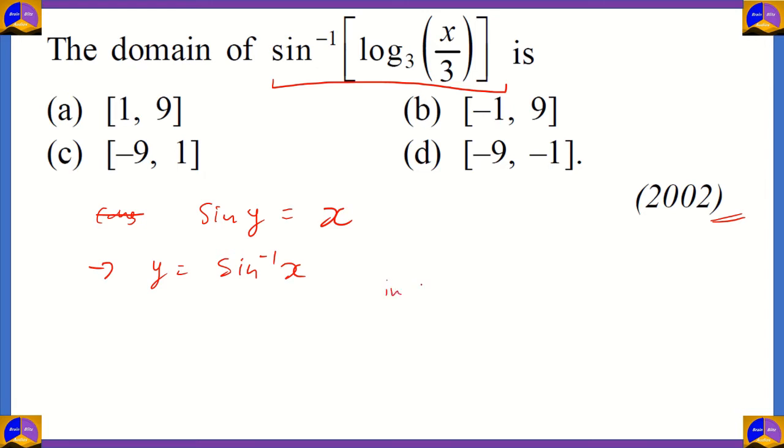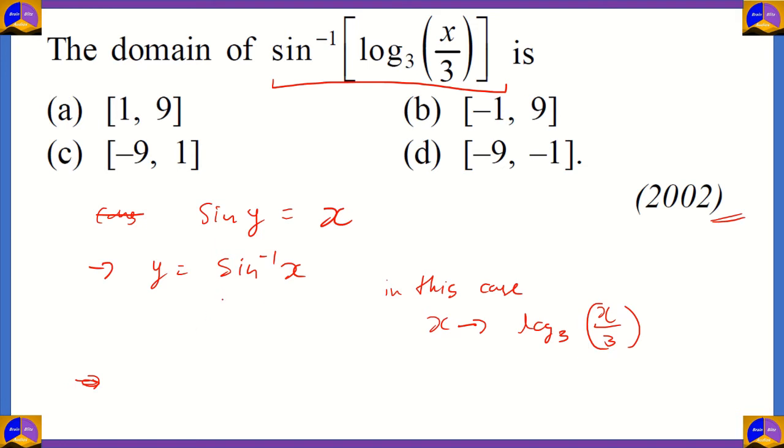Now, in this case, x can be written as log to the base 3 of x by 3. So this is the variable. So that means we can use the domain of sine inverse x and then modify it with respect to log to the base 3 of x by 3.